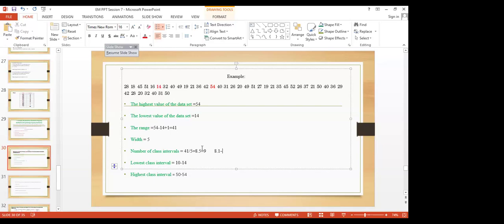Understood? Here, we are not going to round off the value. If the value is an exact value, that is okay. If we get any decimal number, it means a fraction, we have to round off to the largest one. 8.1 means 8 intervals are not enough to represent the data set.